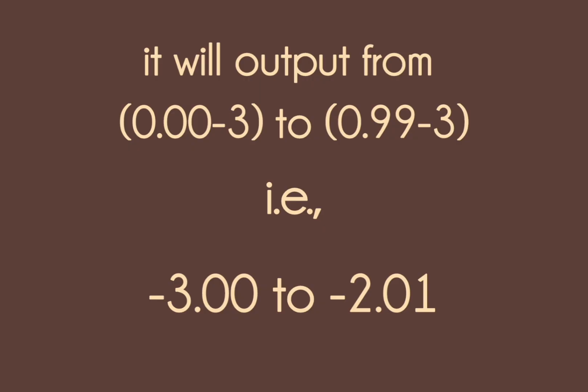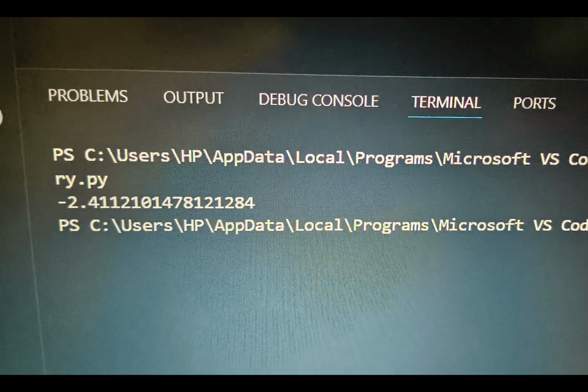So now our output will come from minus 3.00 to minus 2.01. And I will run my program, and here is my output. Similarly, you can run it many times and your number will always come inside minus 3.00 to minus 2.01. And decimal points don't matter, it will be random, because we are using the random function.